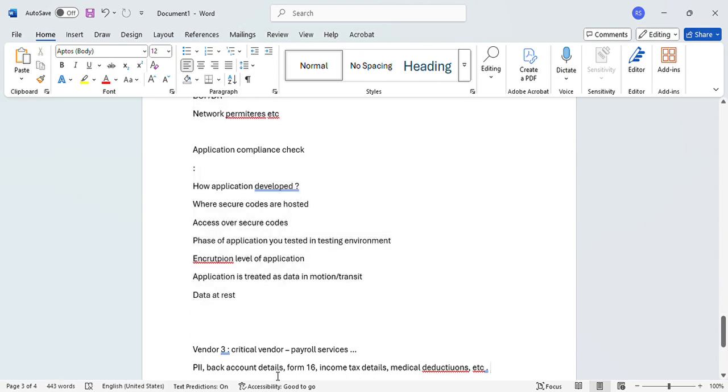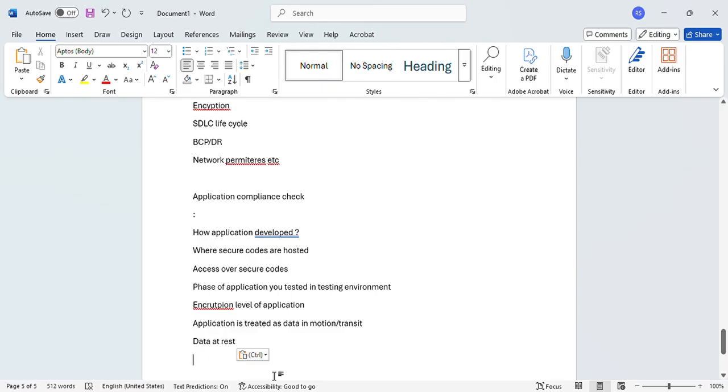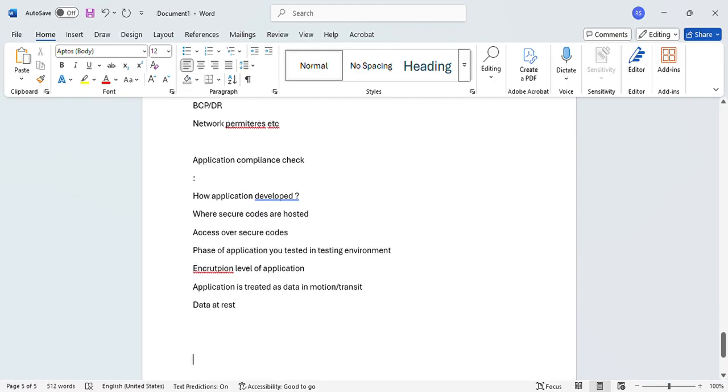You need to review vendor number 3 in the same way, but in a more strict manner, because they are processing very critical data. Also, you need to have continual improvement for all these vendors who process critical data. I hope the concept is very clear.